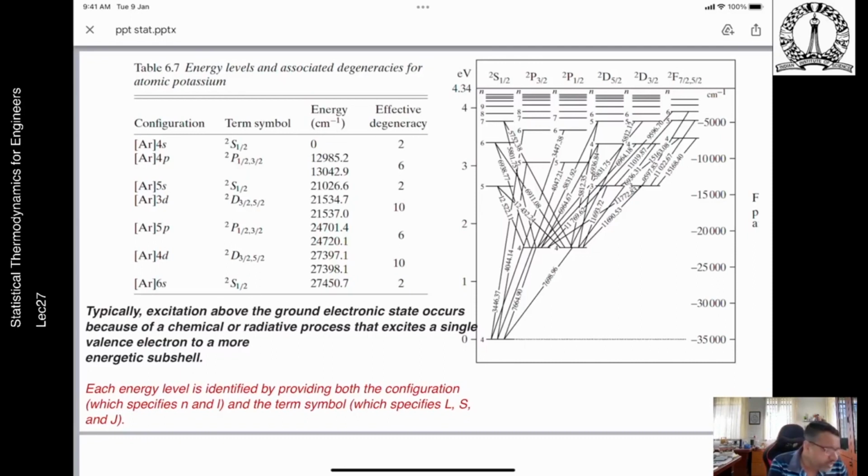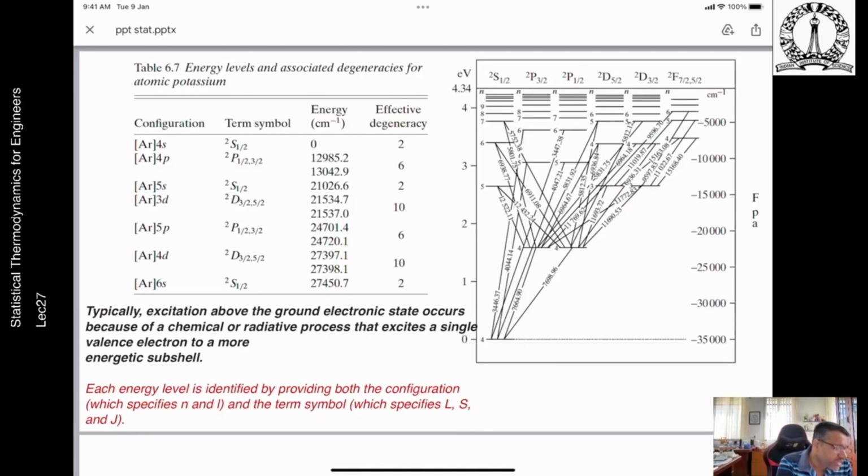Also, figure 6.8 indicates that potassium is characterized by doublets. There are a lot of doublets, as you can see. Just look at the term symbols and you will get an idea. Typical spectral features of other atoms, however, can include triplets, quartets, quintets, and septets.